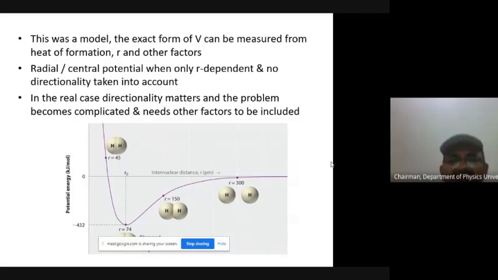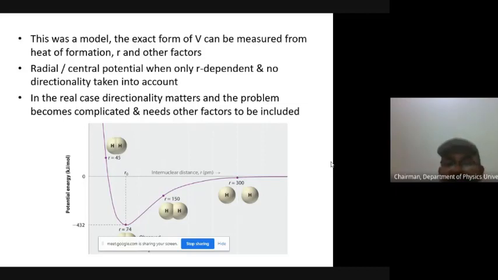These are just models. The exact form of potential can be measured from the heat of formation. Yes, this is the experiment. When you have a system which can measure the release or absorption of energy, then you can know how much energy was released due to the formation, and you can sequentially monitor how the energy of the system decreased or increased as a result of particular bonding.